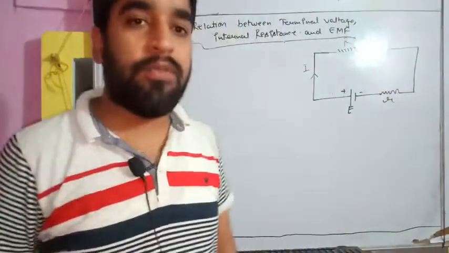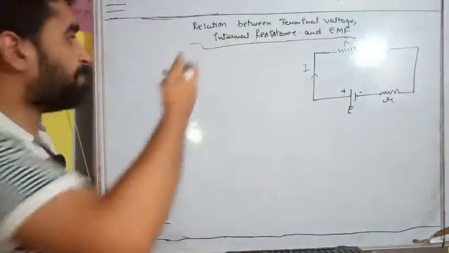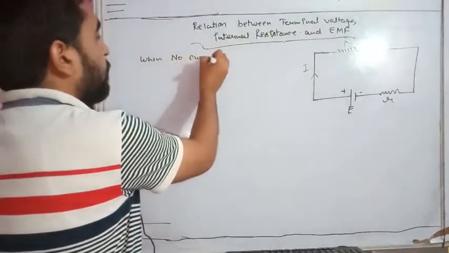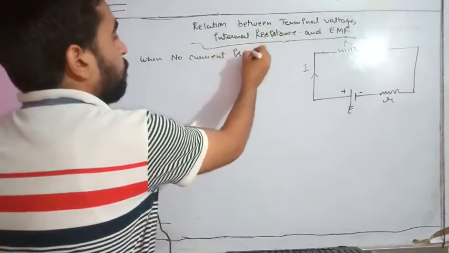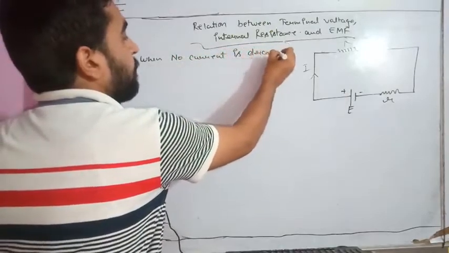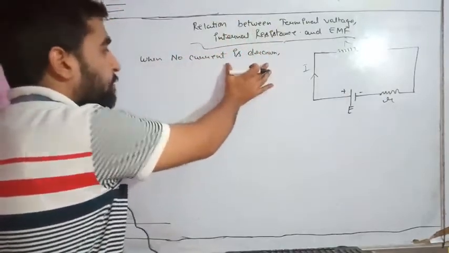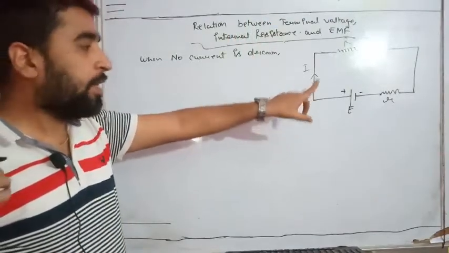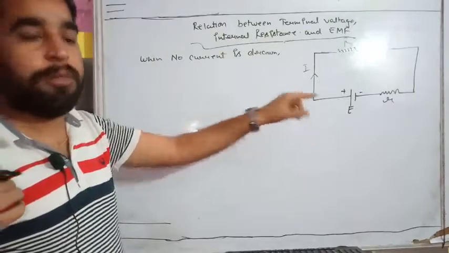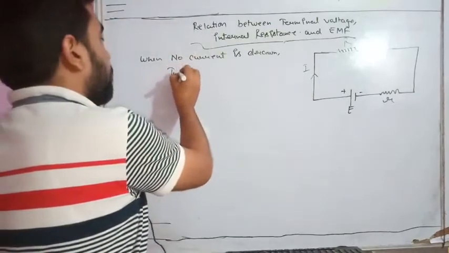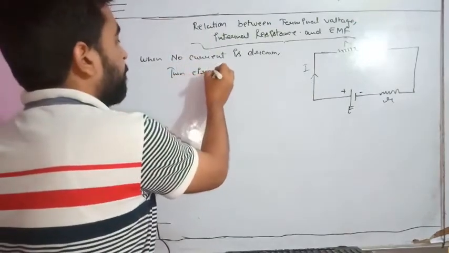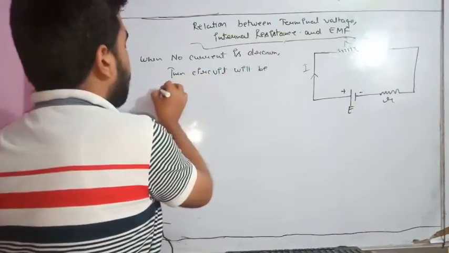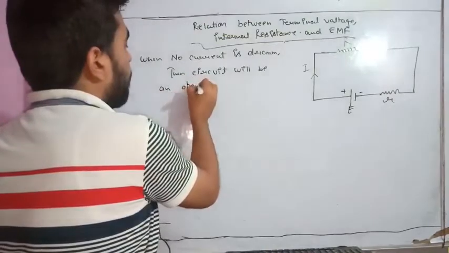So students, we are taking the case when there is no current drawn. This is possible only if the circuit is an open circuit.